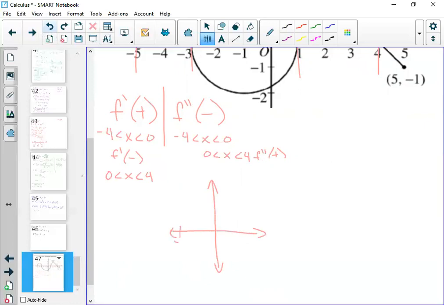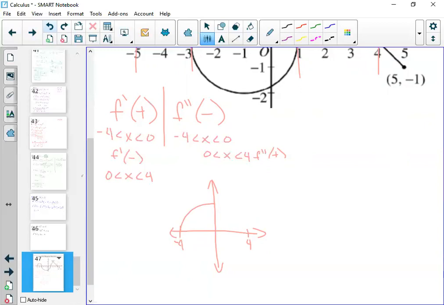So here's -4 and here's 4. So from -4 to 0, we are increasing but concave down. So we know how that's supposed to look. And then from 0 to 4, we are decreasing but concave up.